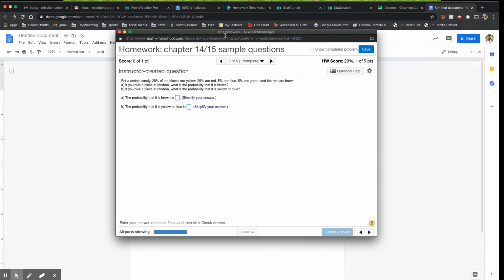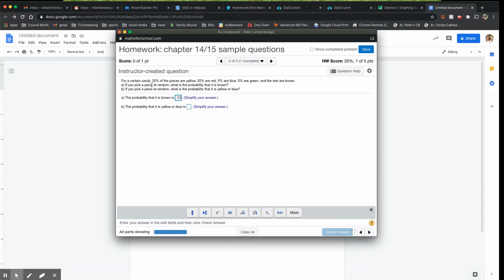If you pick a piece at random, what is the probability that it is brown? So 20 and 20 is 40, and 5 and 5 is 50% total. That means there's 50% left over. The rest are brown. So that means 0.50, 50% of the candies are brown.